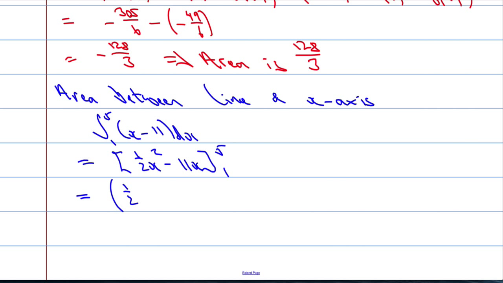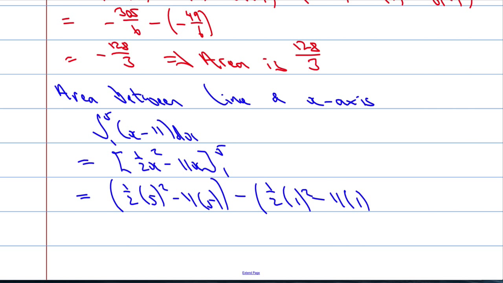That gives me a half times 5 squared minus 11 times 5 minus a half times 1 squared minus 11 times 1. 5 squared is 25, 25 over 2 minus 55, minus a half minus 11, which is going to give me minus 10 and a half.